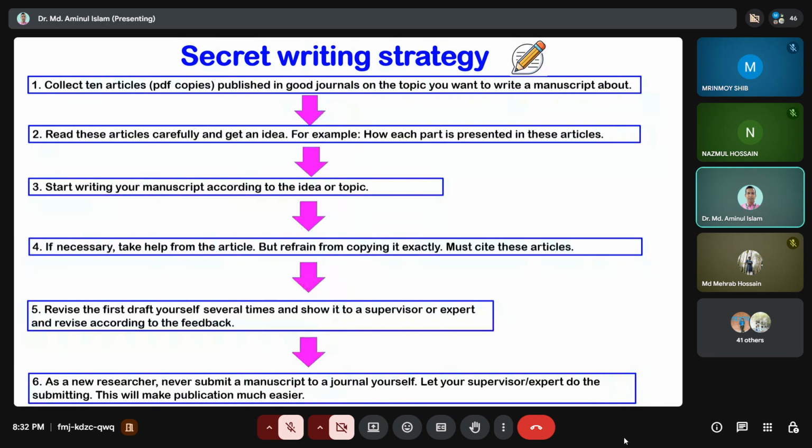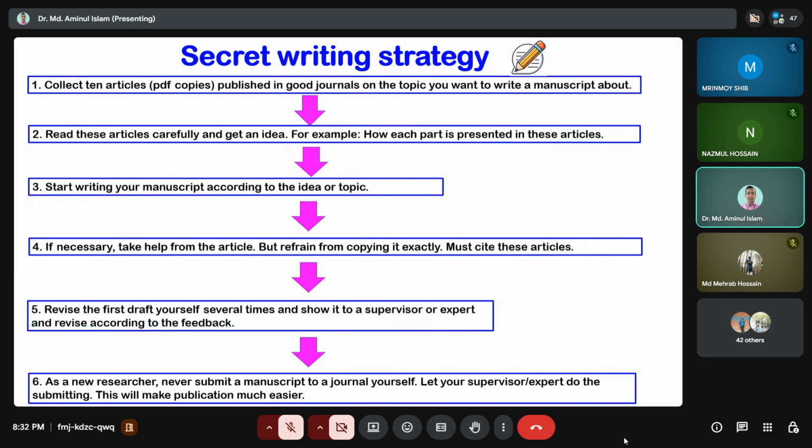Because being a fourth year student, you cannot submit your paper, so they can directly reject your manuscript. So try to take help from your supervisor or expert, and let them submit your manuscript. However, when you have published one or two or several articles, when you are an expert and have built your career, then you can submit your manuscript by yourself.